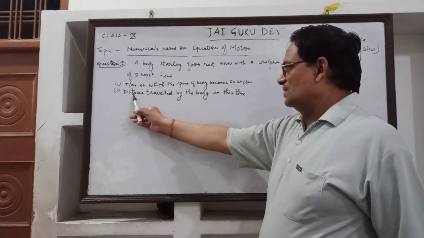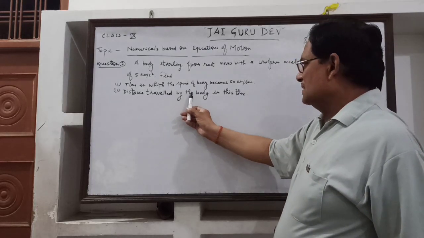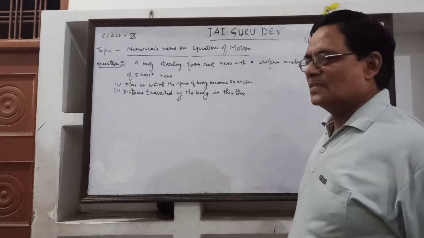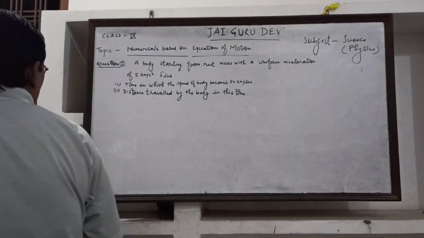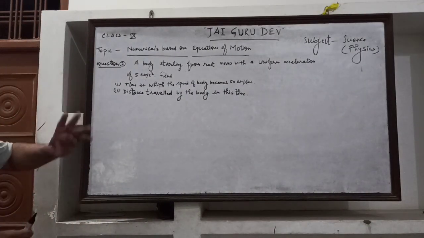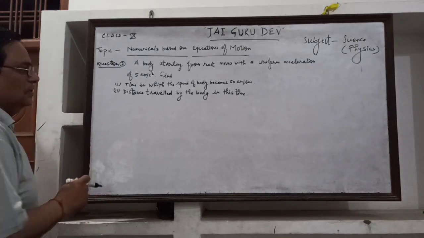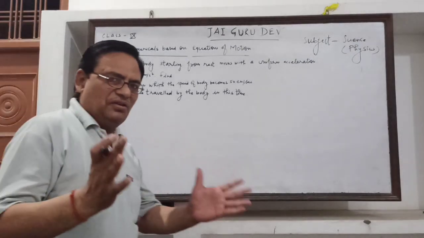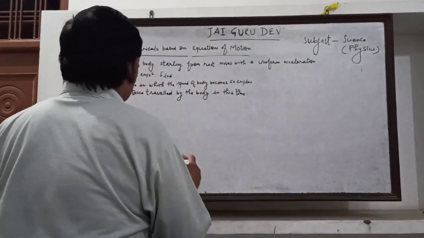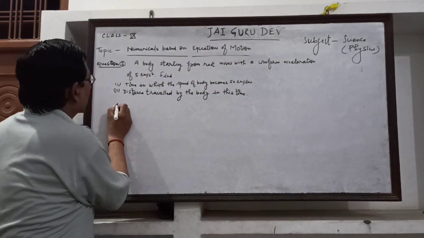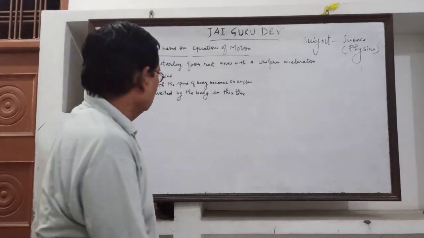Second part, distance traveled by the body in this time. Okay. So first we read the question properly and we note down the givens. So we take first part.